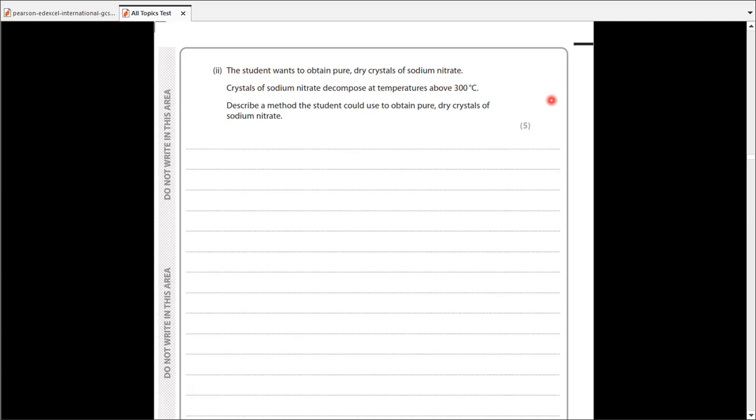I would heat the sodium nitrate until it's a saturated solution, and then filter the solution, and then heat the solution slowly until all the water evaporates, and then crystals should start forming, and after the crystals have formed, leave them to dry in a warm place.